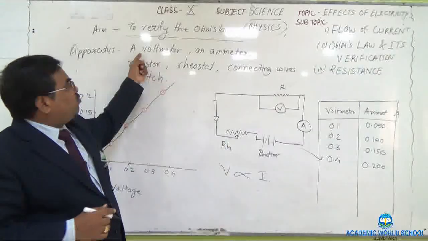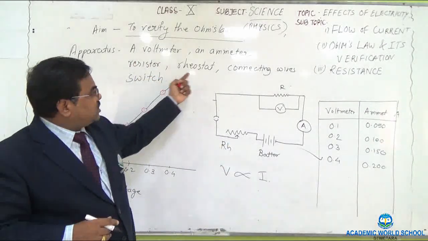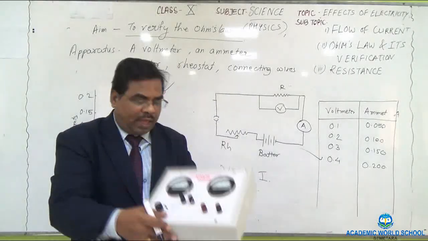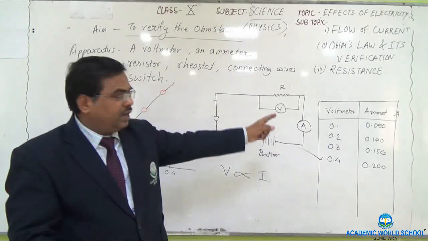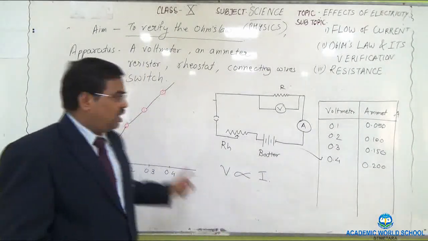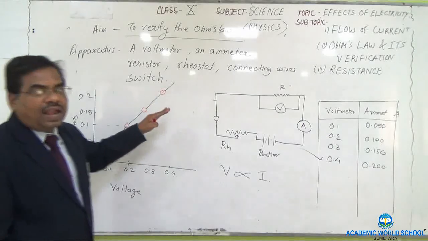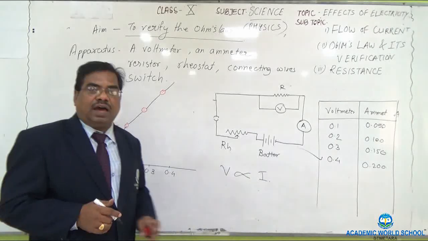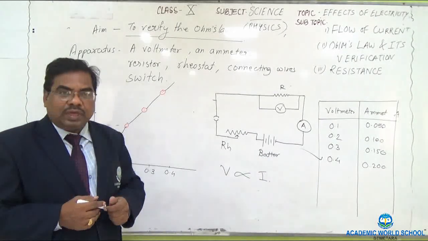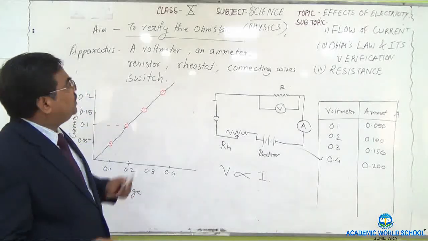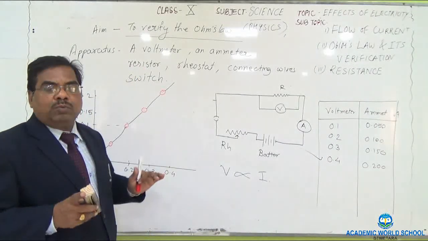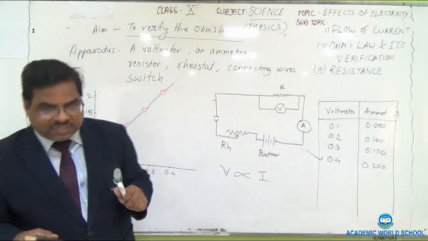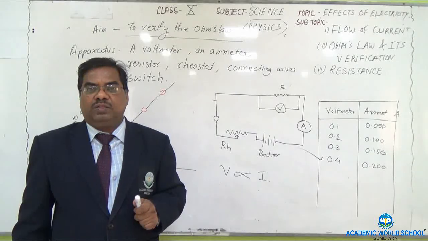Take a voltmeter, ammeter, resistor, rheostat and connect them in a circuit board like this and take readings. Draw the graph. If the graph comes as a straight line, you have verified that voltage and current are directly proportional to each other. So we have seen what is 1 ohm and what are the units of resistance, and we have verified the Ohm's law.